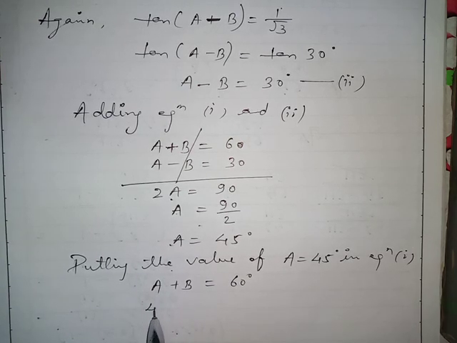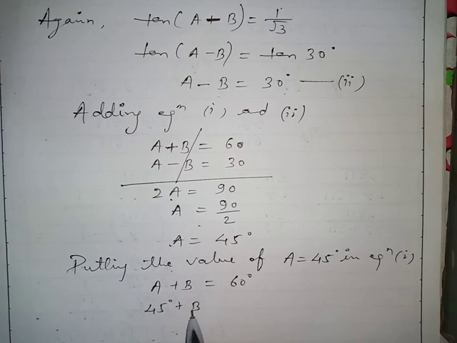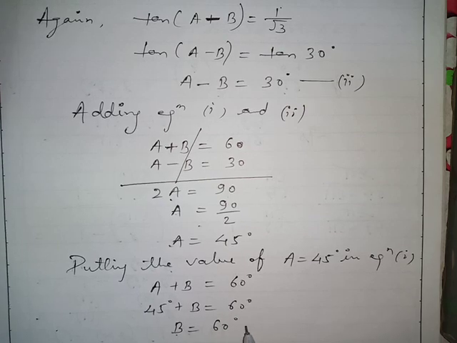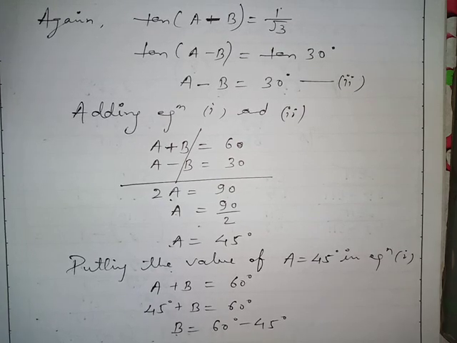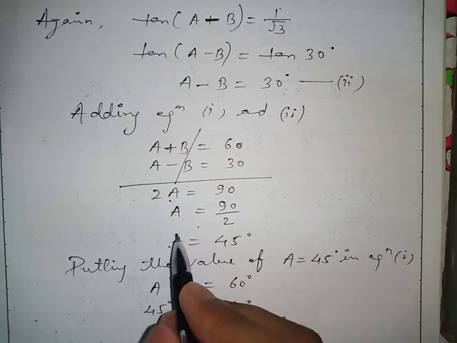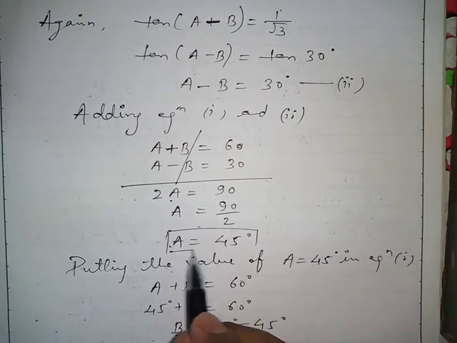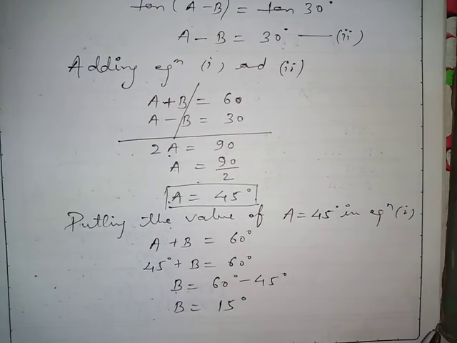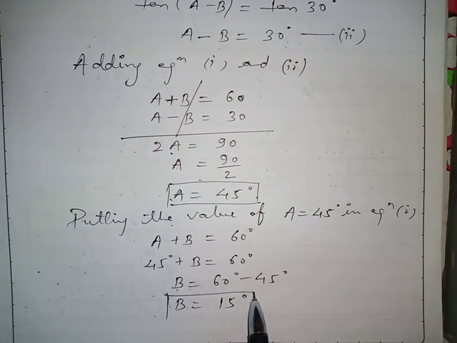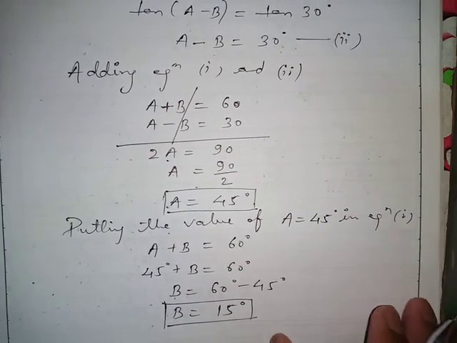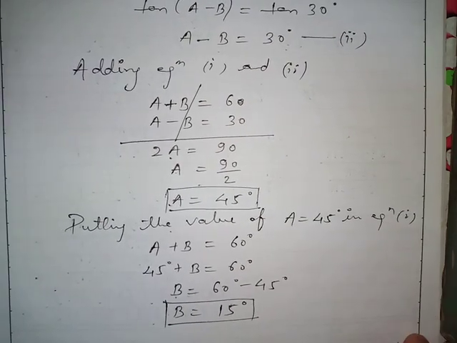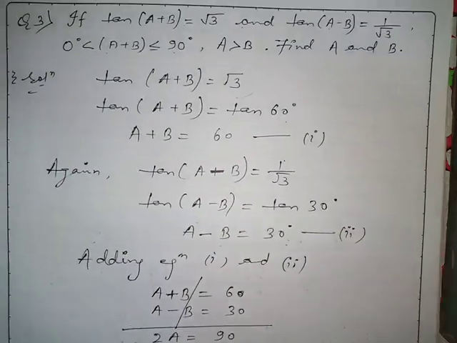So a is what? 45 degree plus b is equal to 60 degree. So b is equal to what? 60 degree minus 45 degree. So b is equal to 15 degree. Okay, so here you see that the value of angle A is 45 and the value of angle B is 15 degree. Okay, in this way we will solve this question.